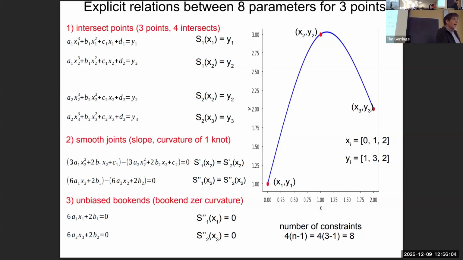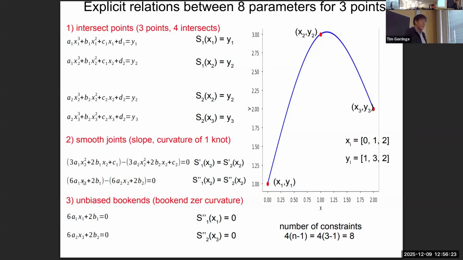So if you look at the first of those, you can spot the derivative of the first cubic, the derivative of the second cubic, and I'm just enforcing those two derivatives to be equal to one another, the difference to be 0.